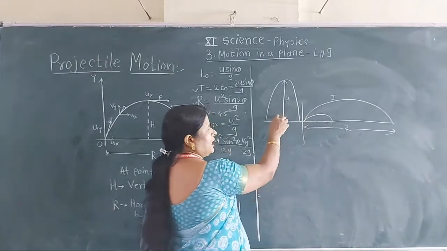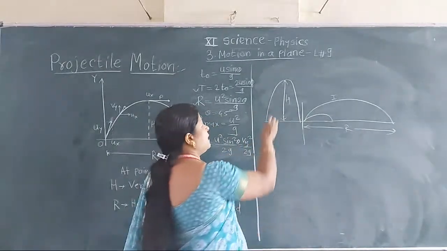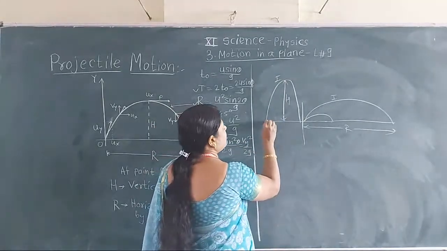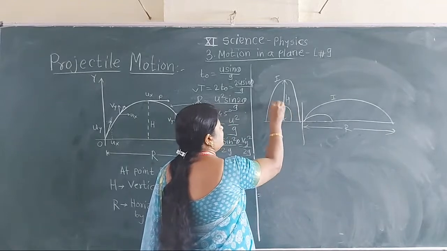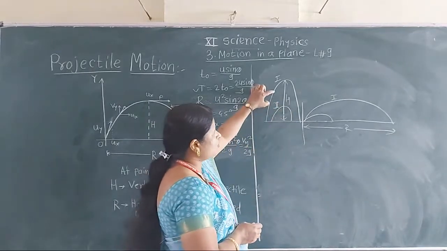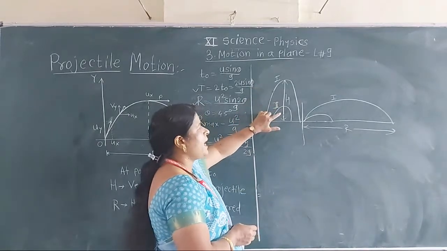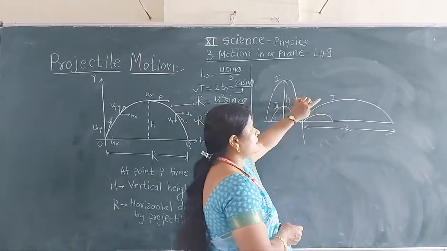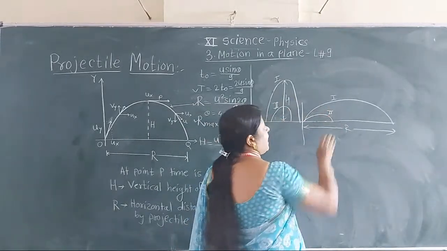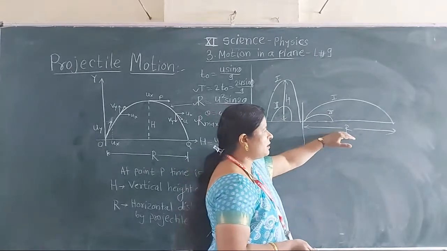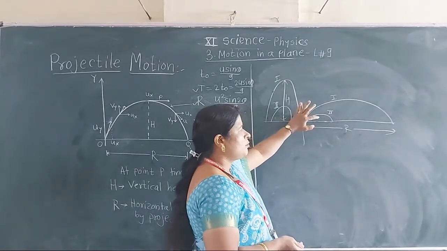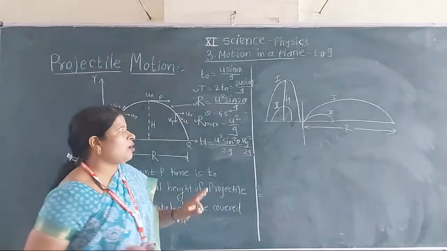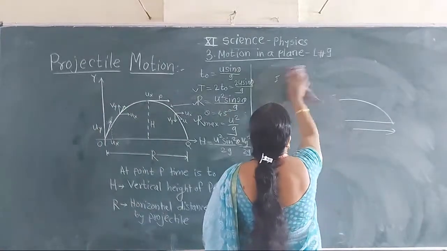And if we are talking about the height of the projectile, this first projectile has maximum height as compared to second projectile. And in this diagram, this projectile number 1 has maximum horizontal range as compared to projectile 2. So we get maximum value of height and range also.